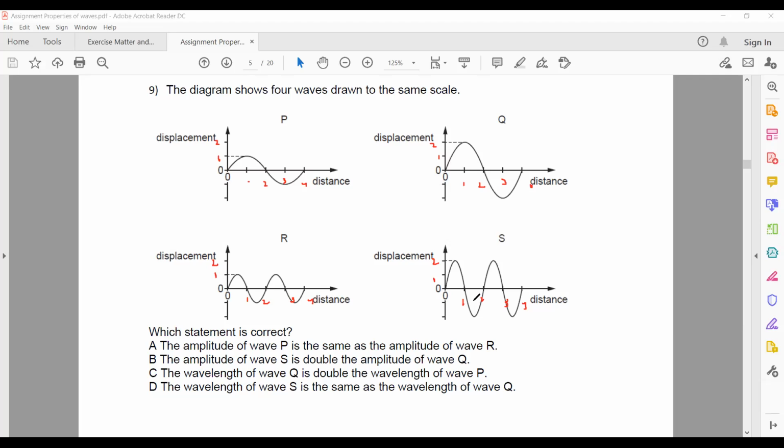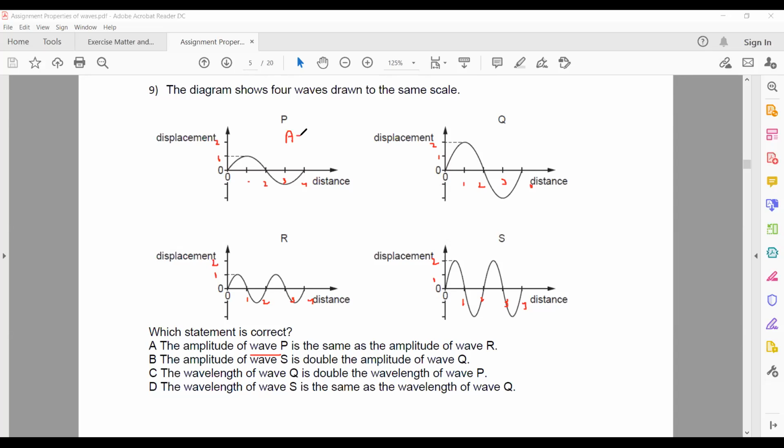Which statement is correct? So when you check, the amplitude of wave P is the same as the amplitude of R. So what's the amplitude?